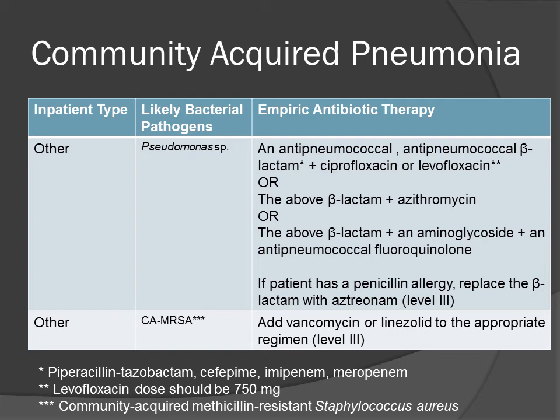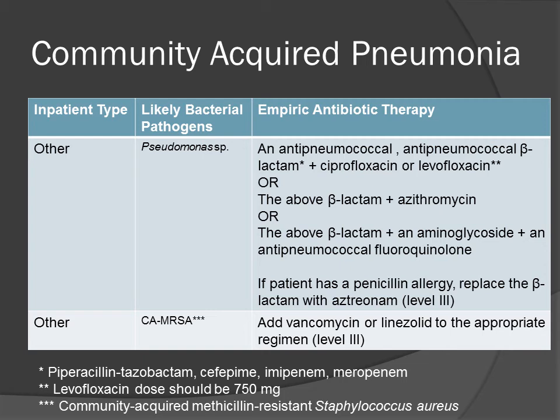There are some patients who are at risk for Pseudomonas species, particularly COPD patients, who tend to have a higher incidence of Pseudomonas isolates. And so for empiric therapy for them, you're going to use an anti-pneumococcal beta-lactam plus Cipro or Levaquin, or the above beta-lactam plus azithromycin, or the above beta-lactam plus an aminoglycoside plus an anti-pneumococcal fluoroquinolone.